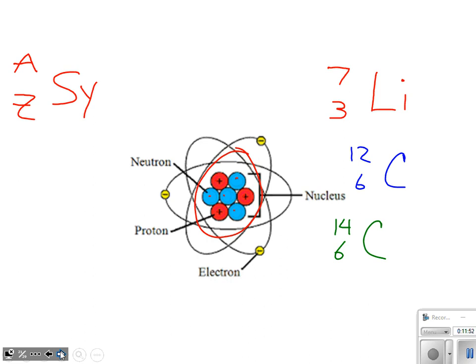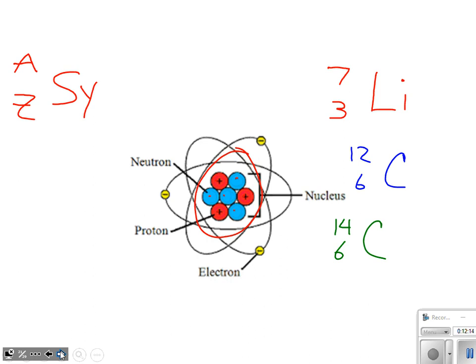You tell me. Parker? Carbon-14 has 2 more neutrons. It has 6 protons and 8 neutrons.